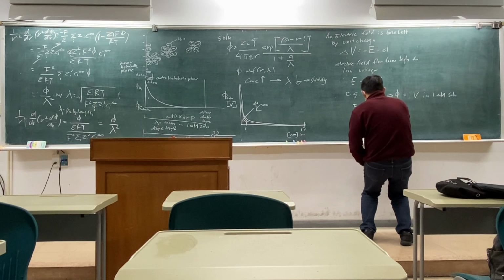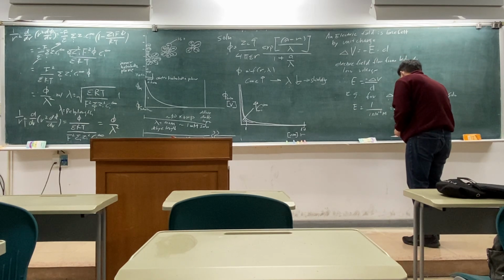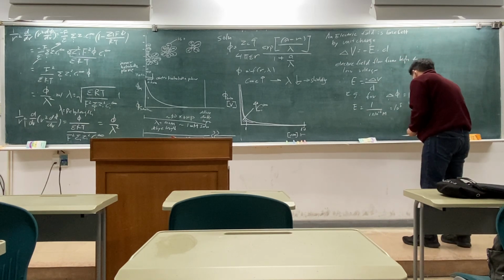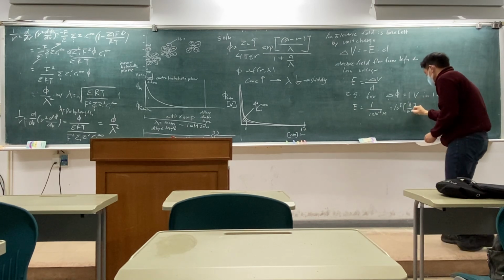So it is 1 times 10 to the negative 8 meters, so you get 10 to the 8 volts per meter.